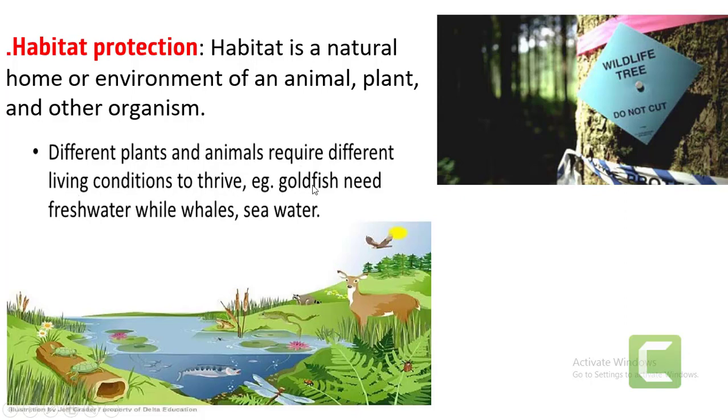For example, goldfish need fresh water, and whales need sea water to live. To reproduce, whales need sea water, and goldfish need fresh water to reproduce. So we need to protect their habitat. If the sea water is polluted, then this organism, for example the whale, cannot reproduce.